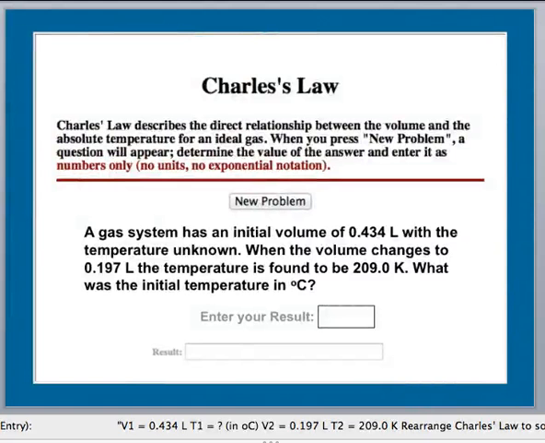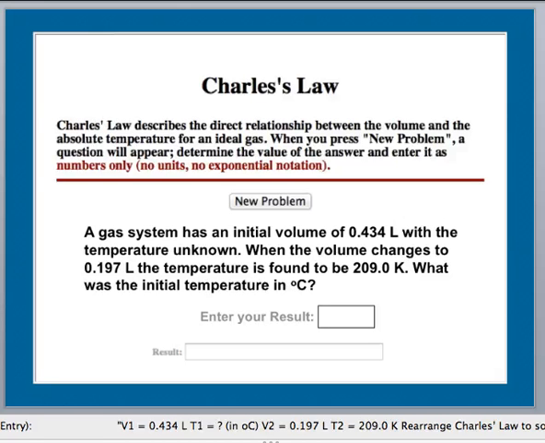So we're going to get our answer in Kelvin, and then we're going to subtract 273 from it in order to make it centigrade. Because remember, centigrade plus 273 is Kelvin. I'd write that one on my card.